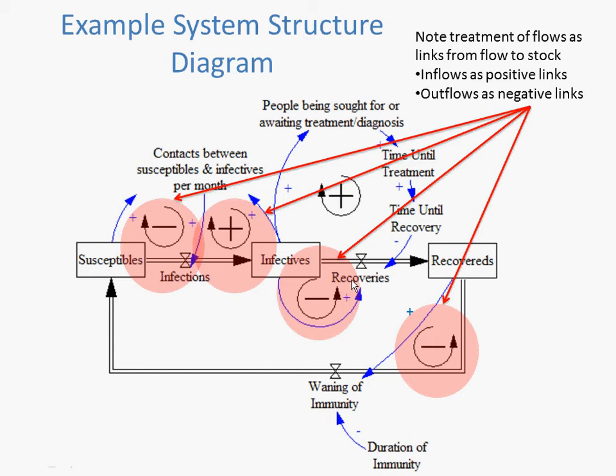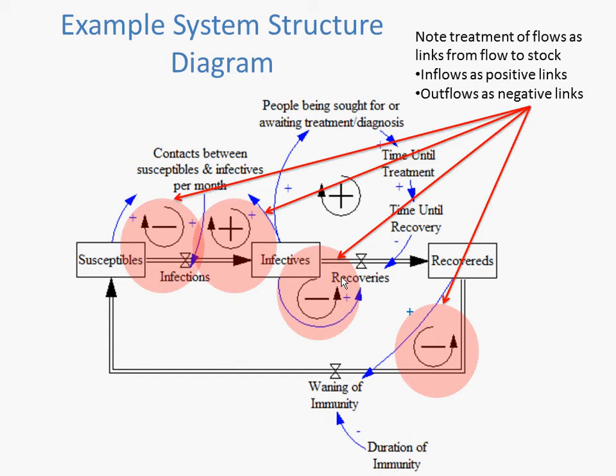So we have some additional insights that stand out and strike us looking at a structure diagram compared to a stock and flow diagram. But ladies and gentlemen, it is more fundamental. The benefits conferred are more fundamental if we compare a system structure diagram on the one hand against a causal loop diagram on the other.